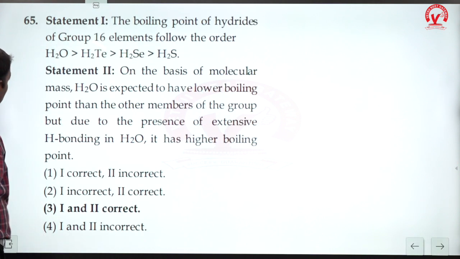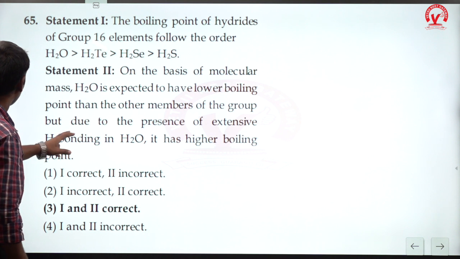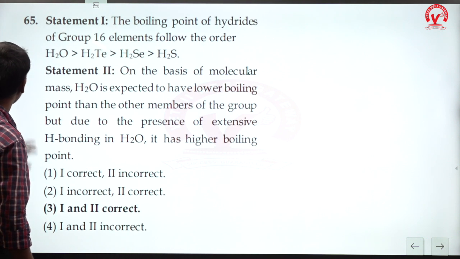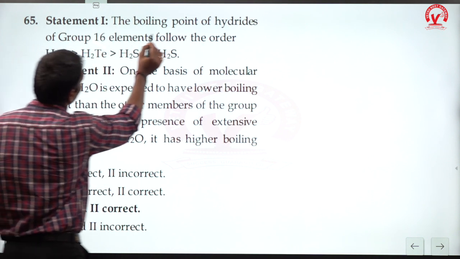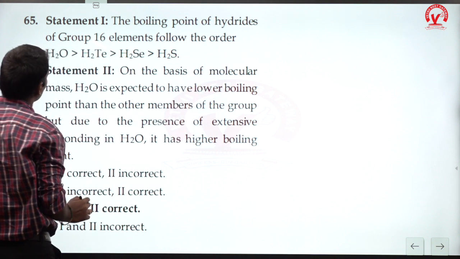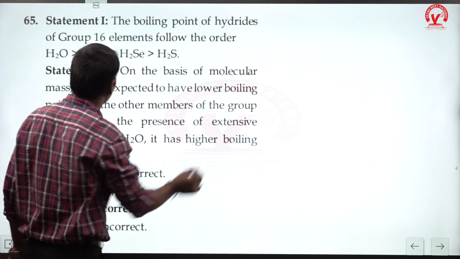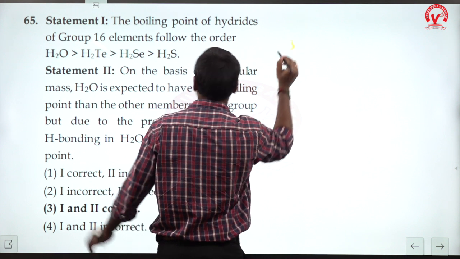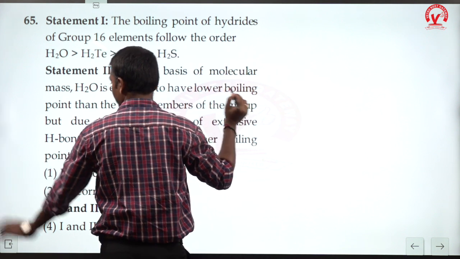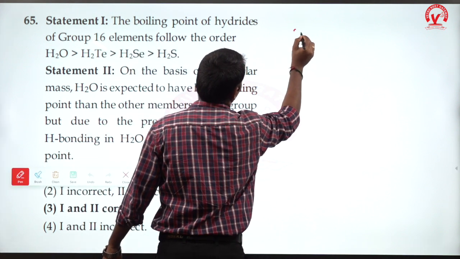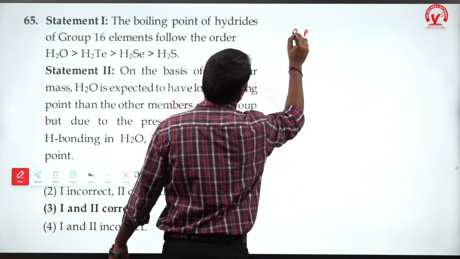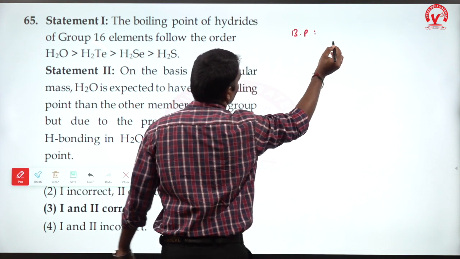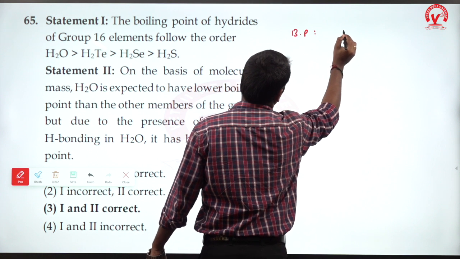64th question done. Then question number 65. Statement 1: the boiling point of hydrides of group 16 elements follows the order, right? Actually, top to bottom in a group, boiling point increases.